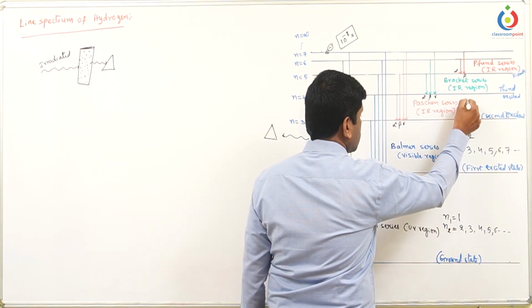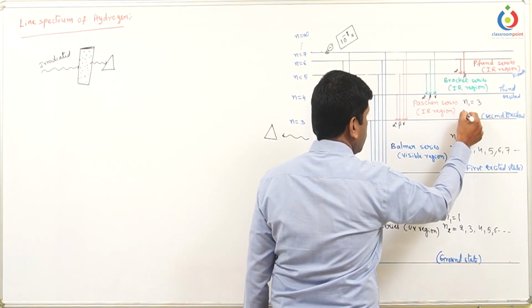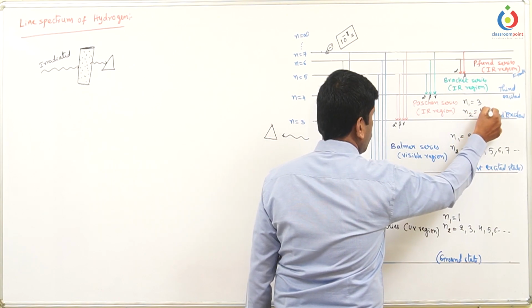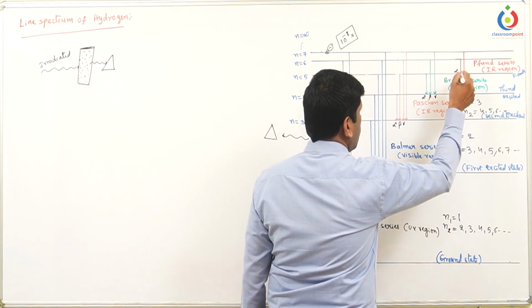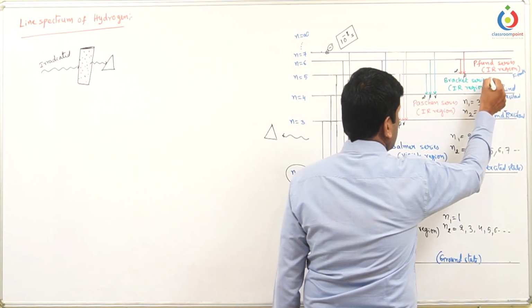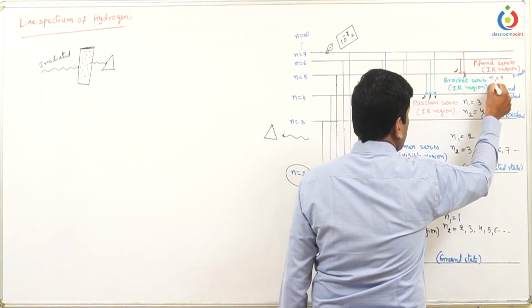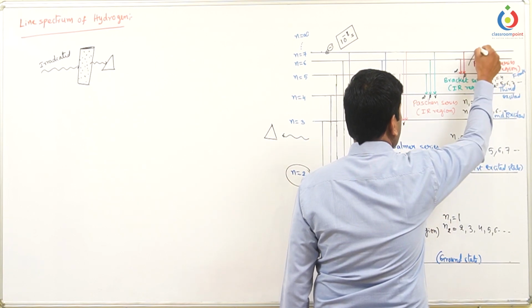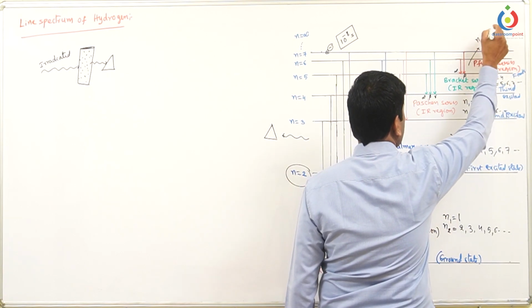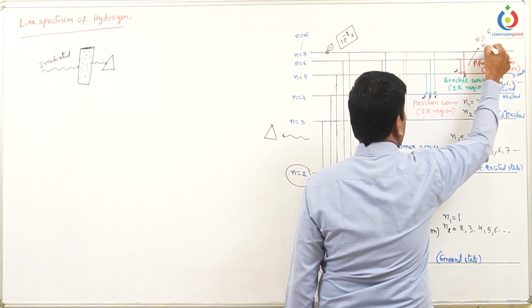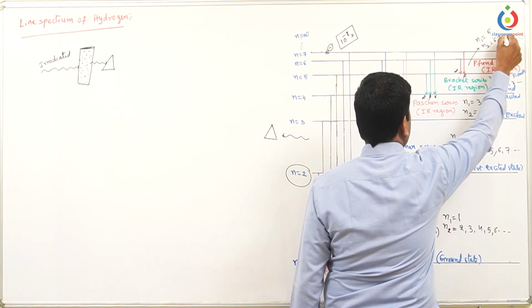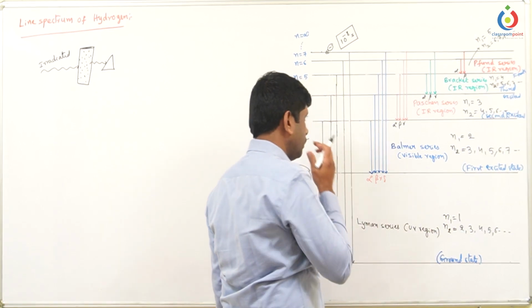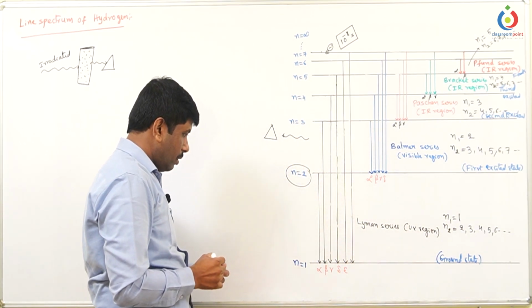In the Paschen series, n1 equals 3 and n2 equals 4, 5, 6 and so on. In the Brackett series, n1 equals 4 and n2 equals 5, 6, 7 and so on. In the Pfund series, n1 equals 5, whereas n2 equals 6, 7, 8, 9 up to infinity. So this is the hydrogen spectrum.